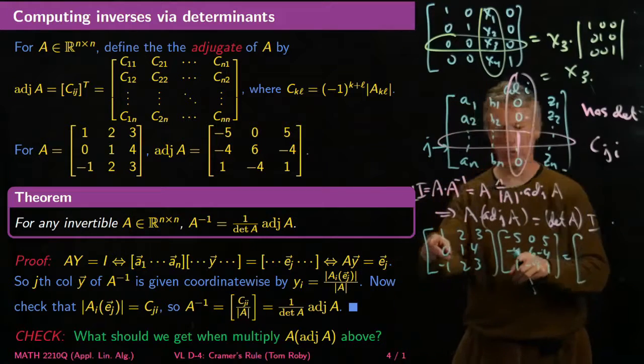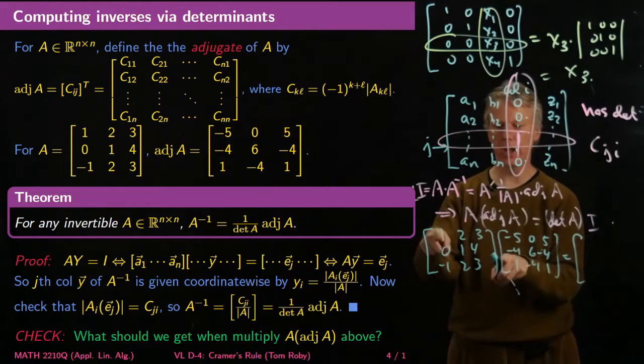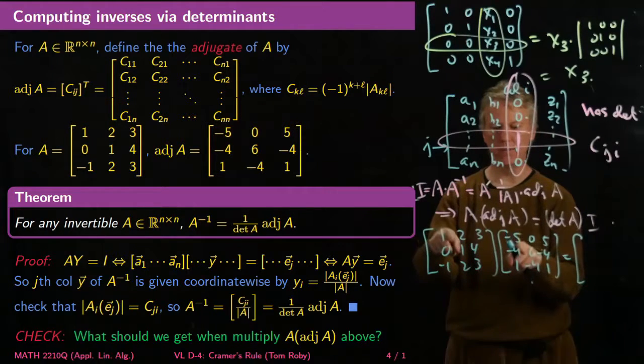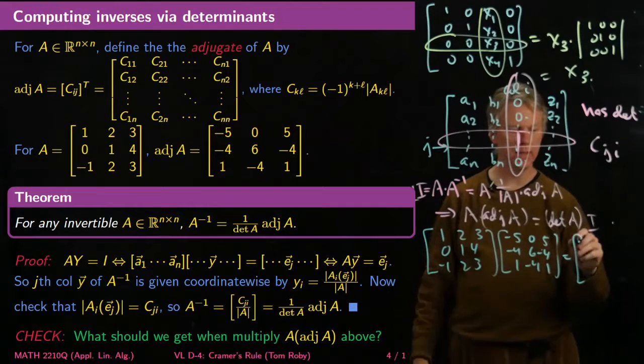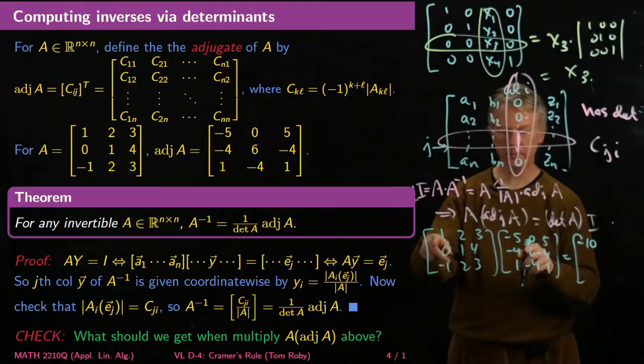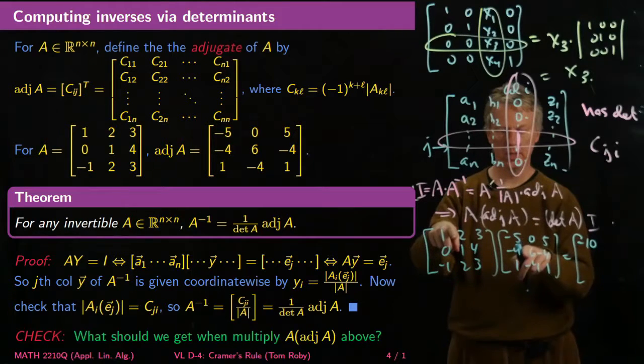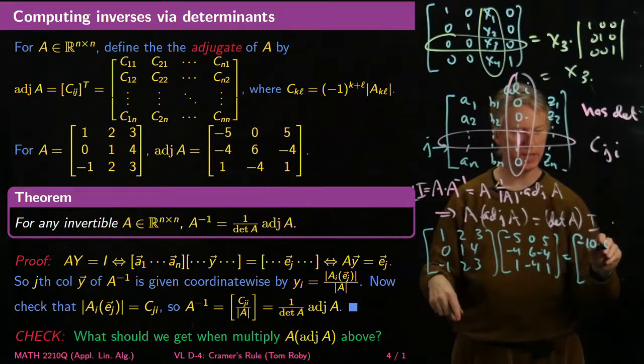In the first coordinate, I'm going to do the row-column version. I'll get negative 5 minus 8 plus 3, which is negative 10 here. And now if I do it here, I'll get 0 plus 12 minus 12, so that's 0.